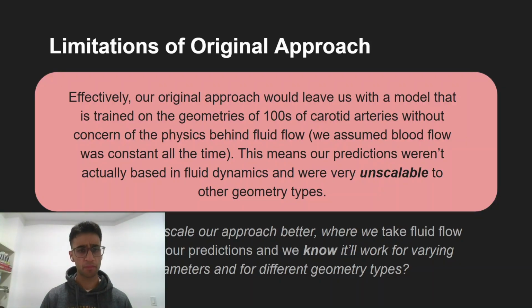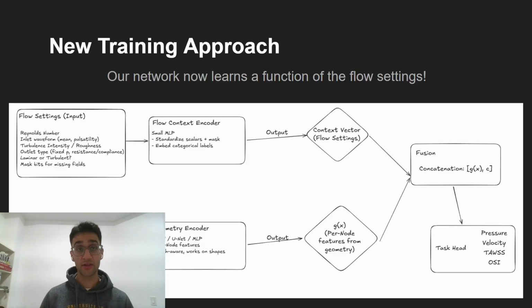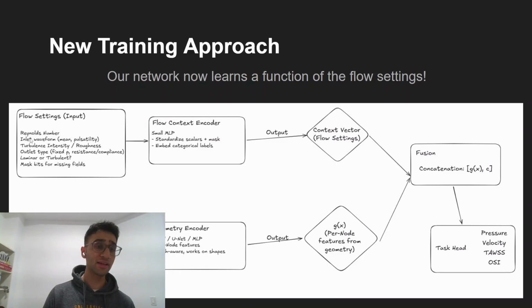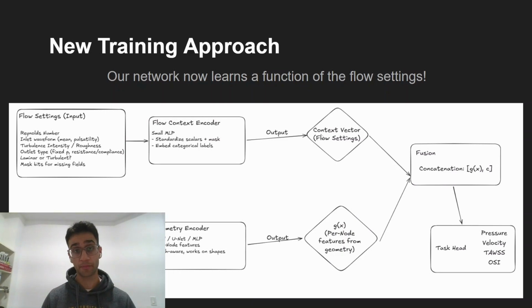So we asked ourselves, is there a way to scale our approach better where we take fluid flow into account for our predictions and we know it'll work for varying flow parameters and for different geometry types? The answer is yes. We have a new training approach now, and we have a network that learns a function of the flow settings along with the geometry. See on top, we take things like Reynolds number, inlet, and outlet conditions and we create a context vector.